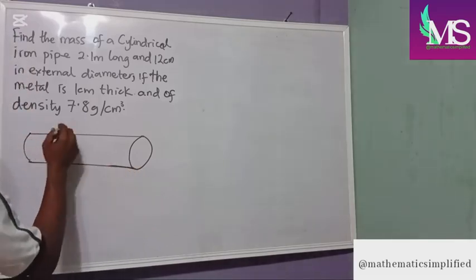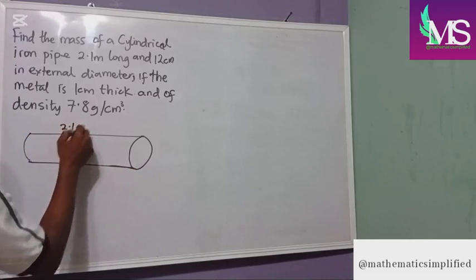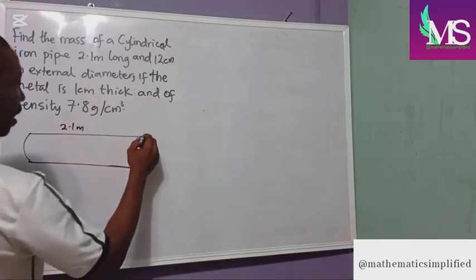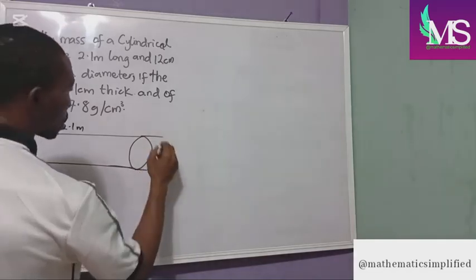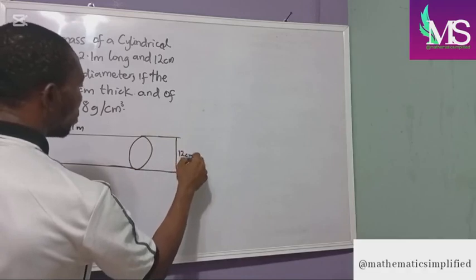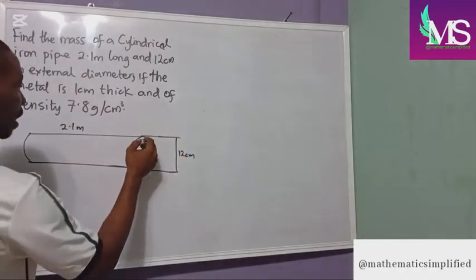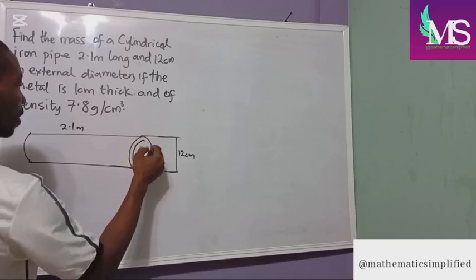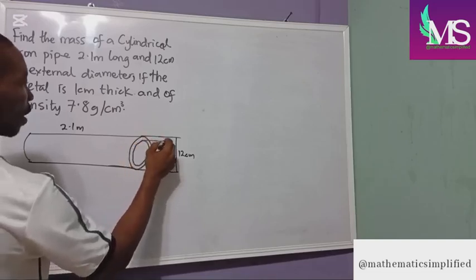Now, they say the pipe is 2.1 meter long, alright? And the external diameter is 12 cm. Now, that means it has an internal diameter. We all know that a pipe is a hollowed object, okay?